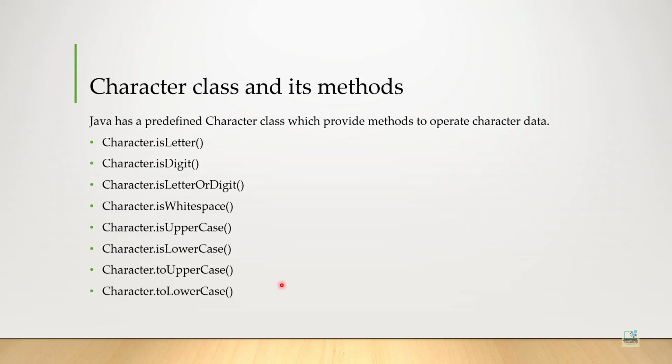If any Character method begins with is, it is going to return either true or false. And the few beginning with to are going to convert something to something else. Whenever you use these methods, you have to write Character dot, because all of these methods come under the Character class. We cannot directly use the methods. We have to write the class, that is Character.